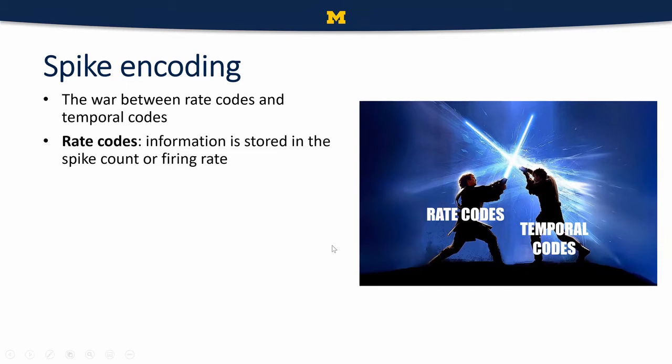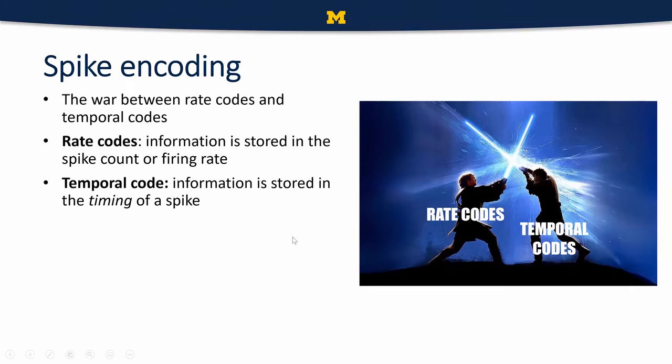So what are they? Well, very crudely, a rate code is when you take information and you store it in the spike count or the firing rate. I'll probably use these interchangeably. Just know that there are specific formal definitions that probably mean that these two shouldn't be used interchangeably, but for the sake of simplicity, that's what I'm going to do.